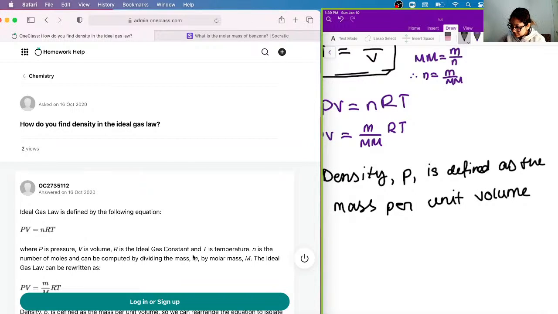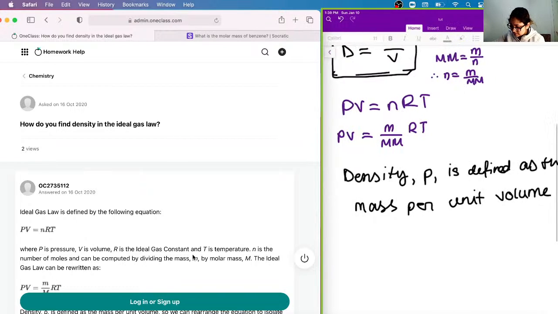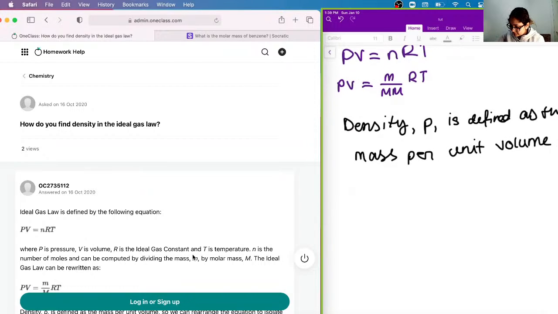And so we can rearrange the equation to isolate density. In this case, we would use PV is equal to m over molar mass, so this is your moles, times RT.